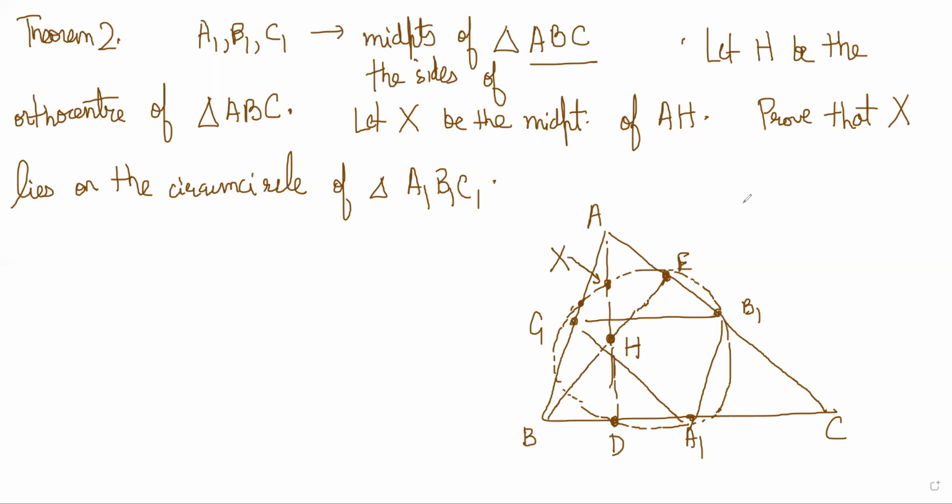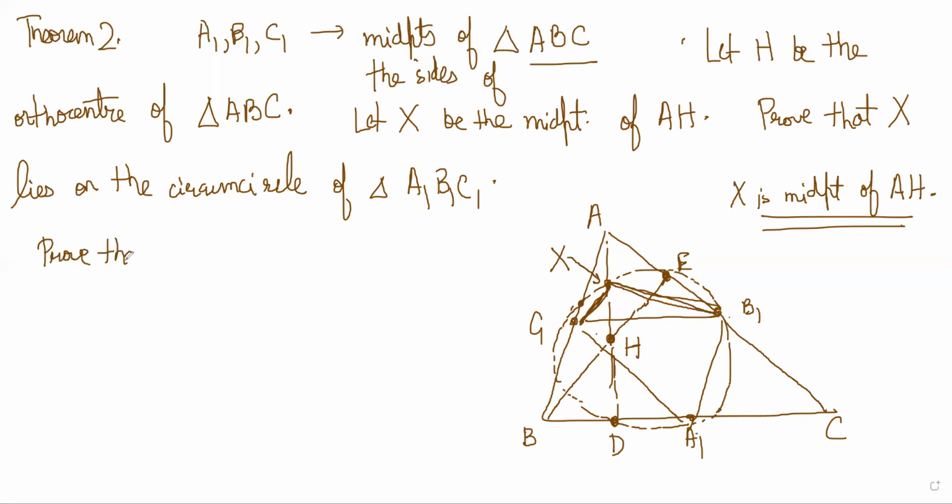X is the midpoint of AH. We have to prove basically that if you join X with C1 and B1, then this quadrilateral X, B1, A1, C1 is cyclic.